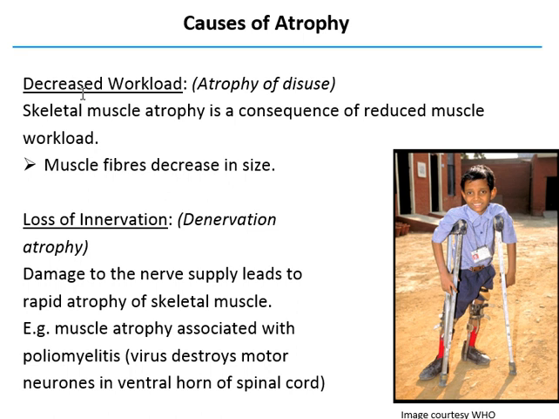This is not a disease issue. Muscles can also get smaller if they lose their nerve supply. This happens in a condition called polio, where a virus destroys the neurons that innervate the skeletal muscle. Without innervation, the muscles stop working and the cells undergo shrinkage, leading to shrinkage or atrophy of the whole skeletal muscles, as seen in this photo of a sufferer of polio.